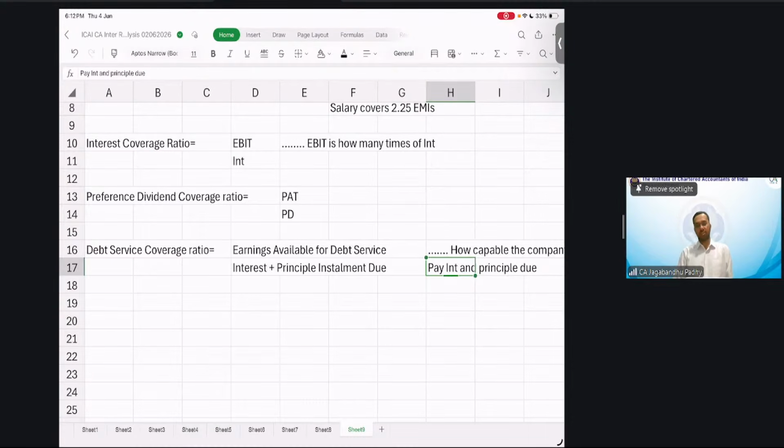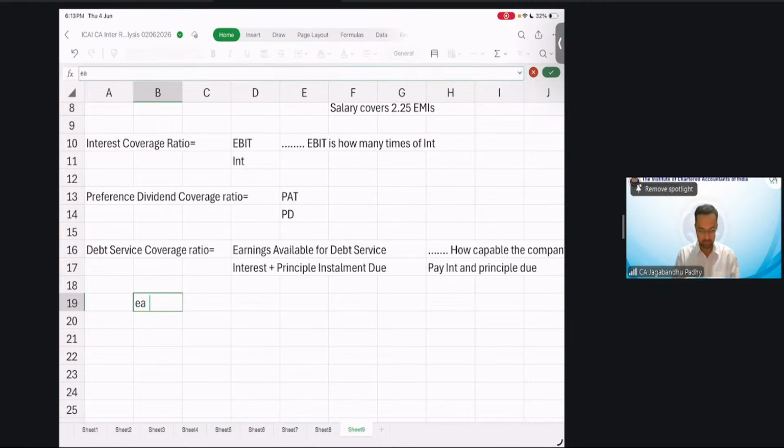So debt service coverage ratio is earnings available for debt service upon interest plus principal installment due. Now, the question is, how do we calculate this earnings available for debt service?